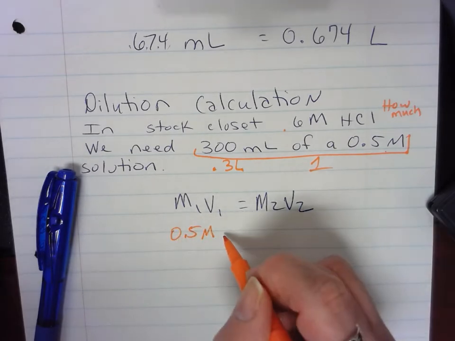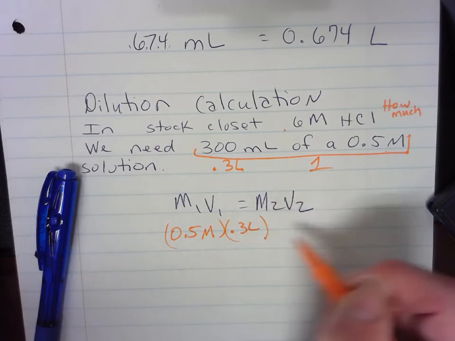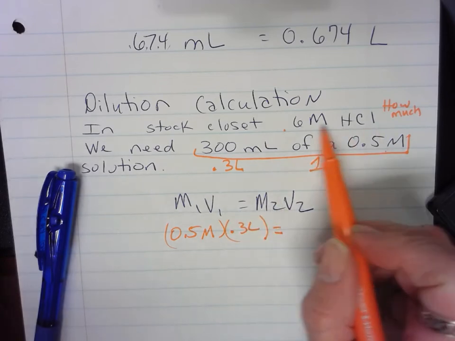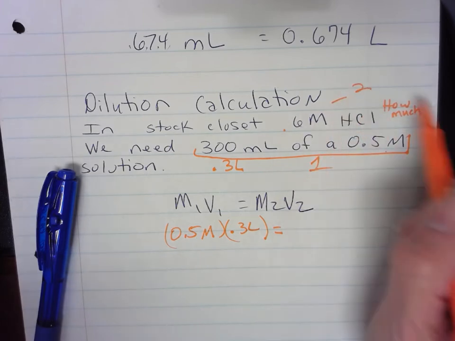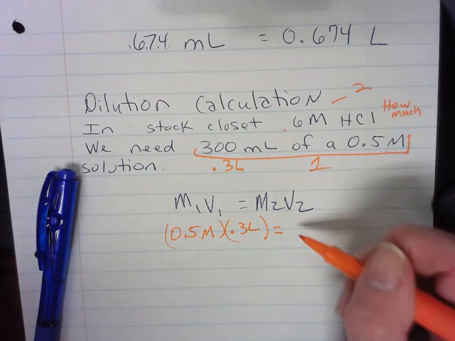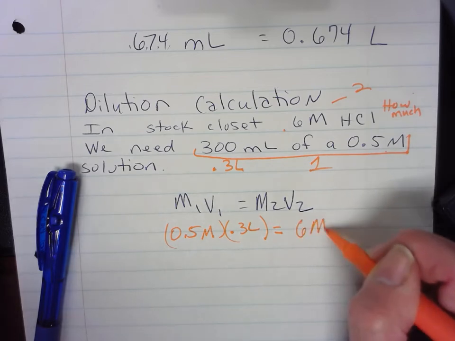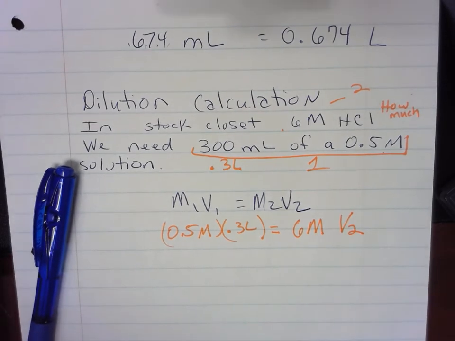The volume of number 1 is 0.3 liters. I know the molarity of number 2, but I don't know the volume that I need. So my molarity is 6 molar, but I have no idea what volume to use yet.